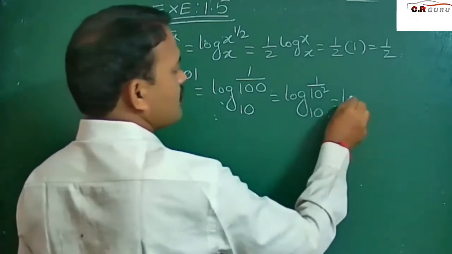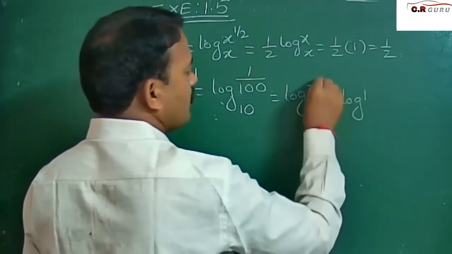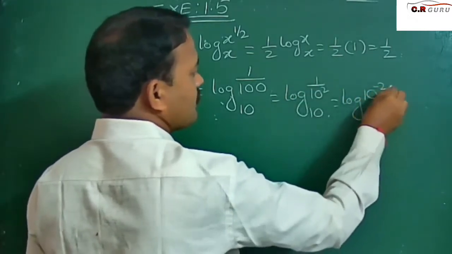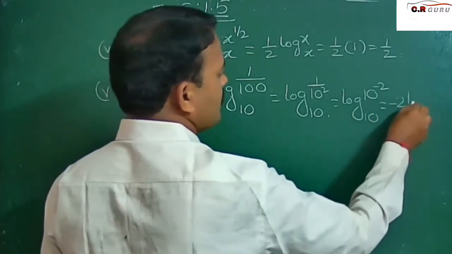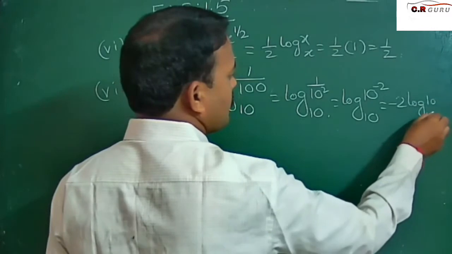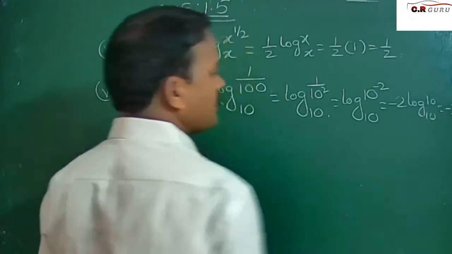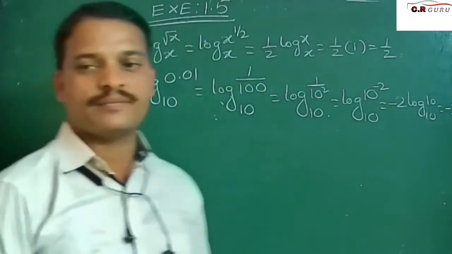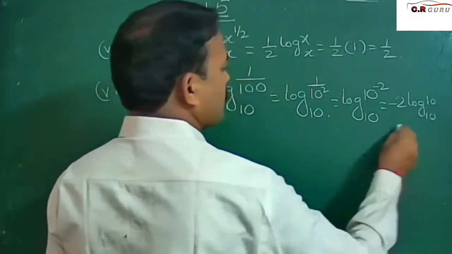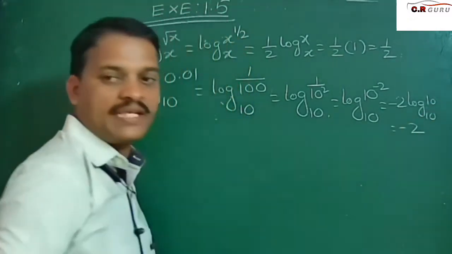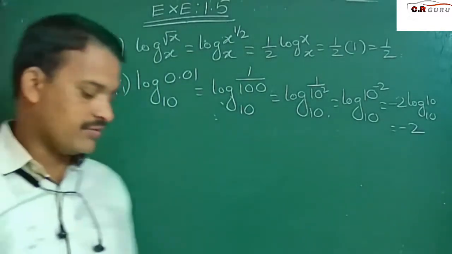Log of 1 by 10 square can be written as 10 power of minus 2 base 10. That equals minus 2 into log 10 base 10, so the value must be minus 2 only. That is the value of the seventh one.